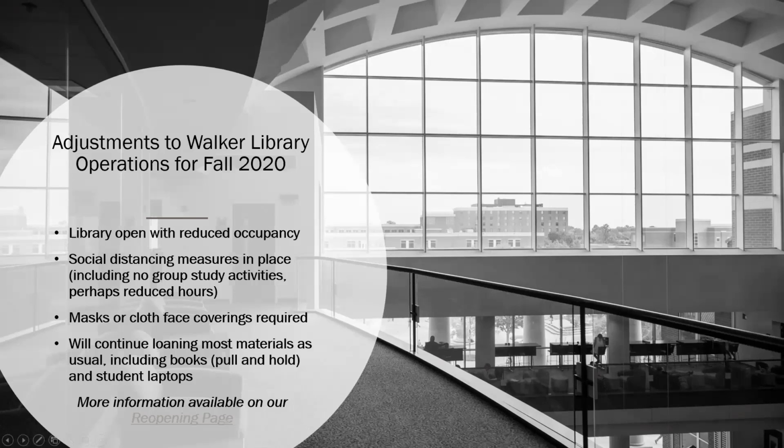Just like everything else on campus, these plans are subject to change and probably will change. But for right now, for fall semester, you can see some of the things that we've listed, our adjustments to our library operations. We are planning to have the library open with reduced occupancy.